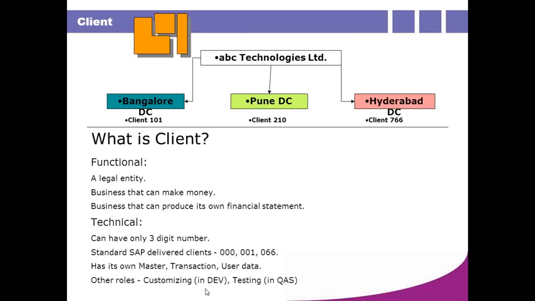But even though it is a copy of that, we never touch 001 also, because we will build our own client as per our business requirement, and we will create, build and customize that. And 066 is the early watch client, we can call it as. It is by SAP. It is for SAP, sorry.